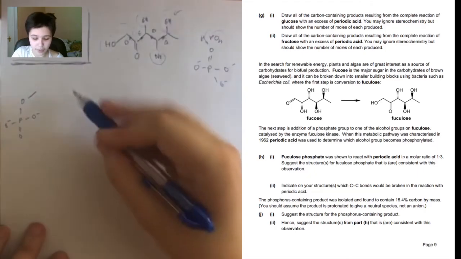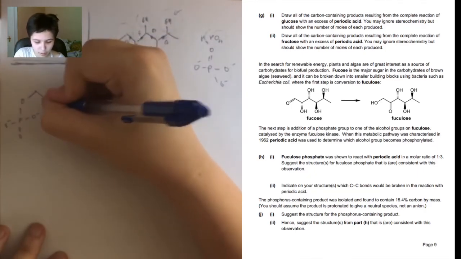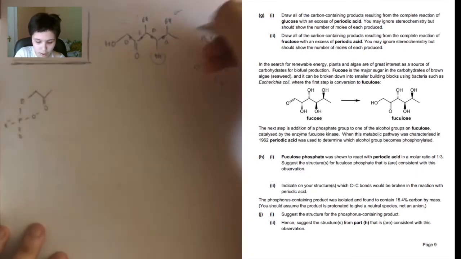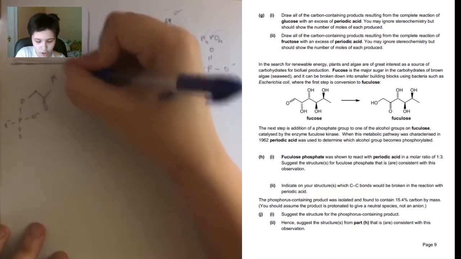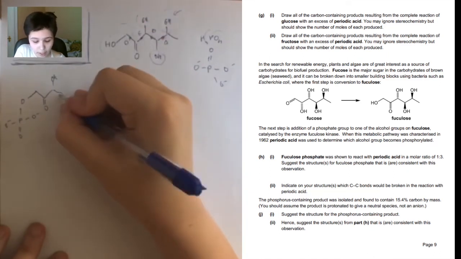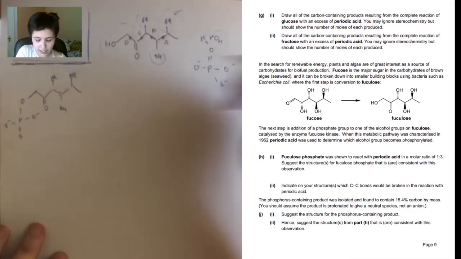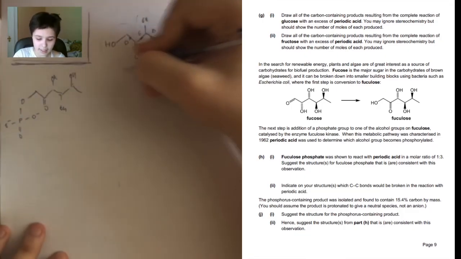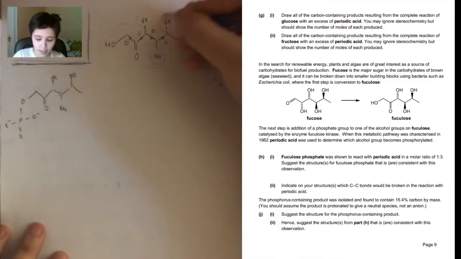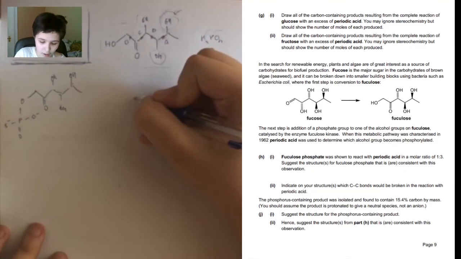Minus, then double bond O, OH, sorry, I can't really see behind my hand, OH, OH, and nothing, and then same for the phosphate group when it's on this oxygen.